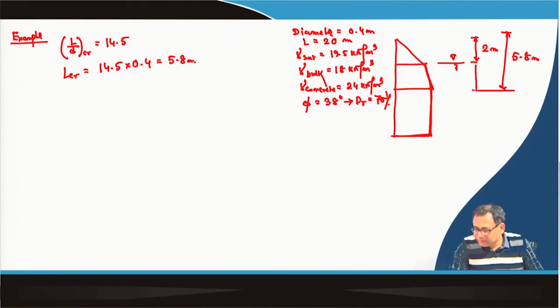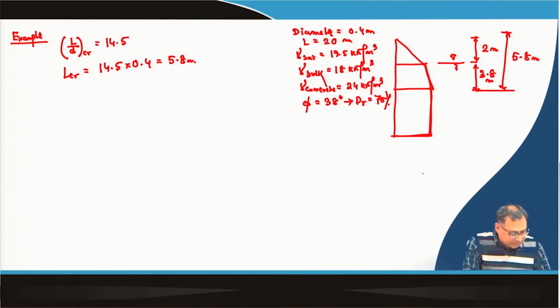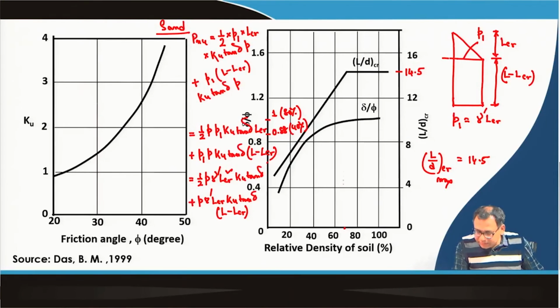So, this will be 3.8 meter. And then the rest will be uniform. Then delta by phi will be how much? For 70% relative density, delta by phi value is close to 1.